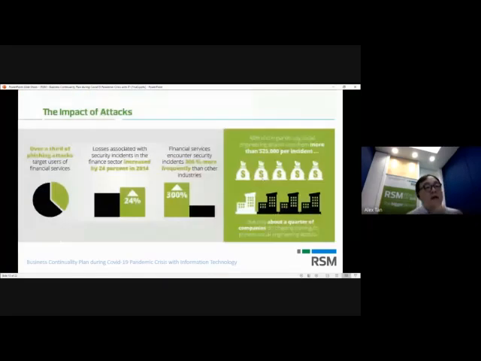Next we'll talk about the impact from the attack. At the end of the entire attack, every loss can be calculated, whether it is an organized cyber attack, a personal or targeted attack, or a random attack.